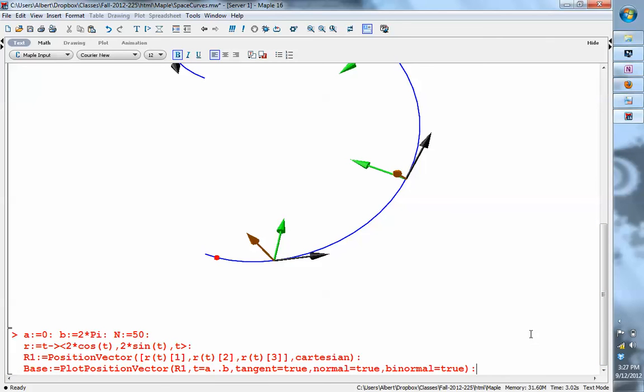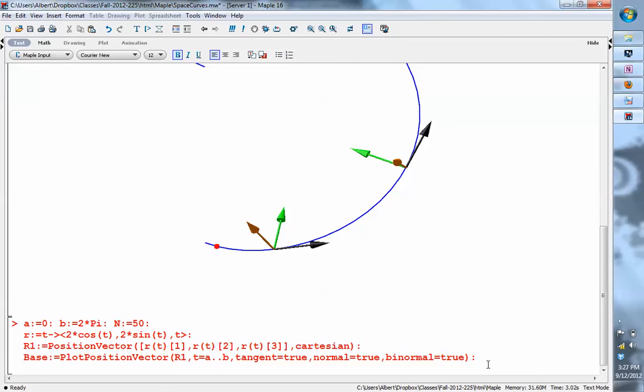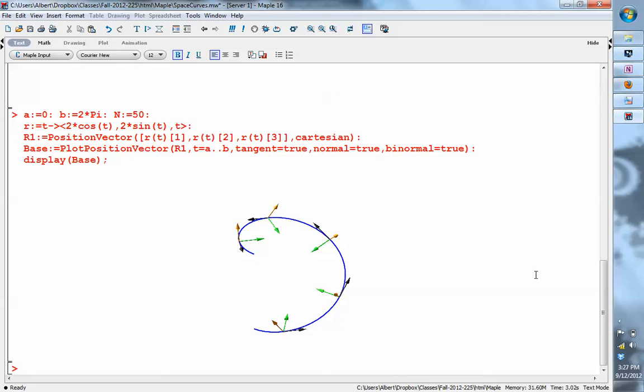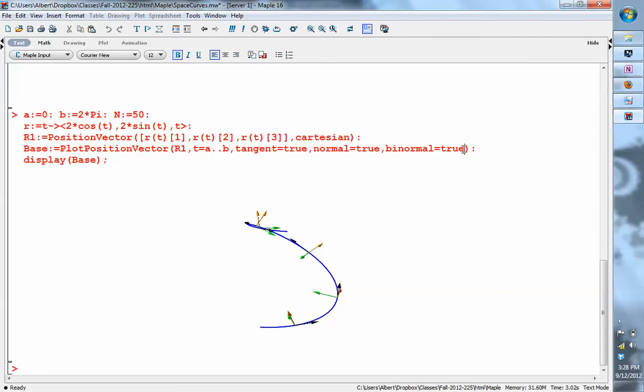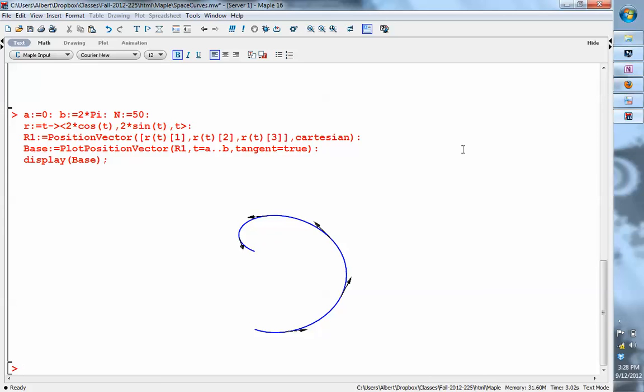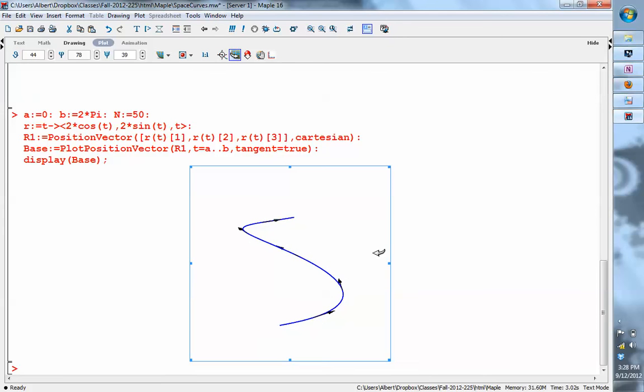Okay, that looks good. And let me turn off all this stuff. Alright, nice simple helix there.